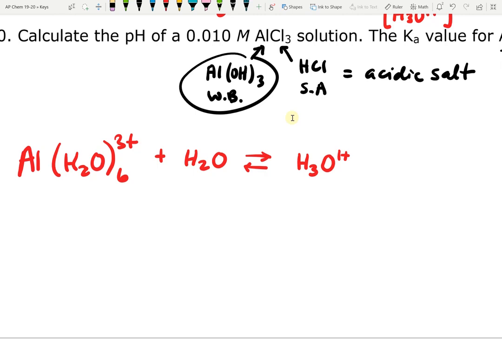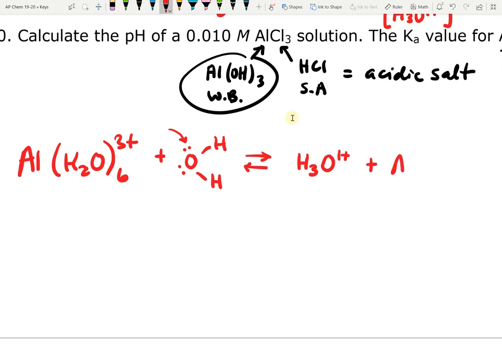The oxygen in our water molecule has pairs of electrons that are very accepting sites for a weakly held hydrogen from one of the water molecules in the aluminum water complex. And so it ends up taking it. The hydrogen that comes over bonds right there to that electron pair. That's what gives us the H3O+.